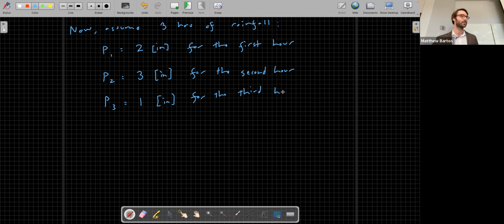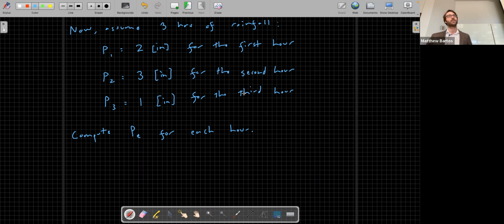So note, this indicates the total depth of rainfall that fell within that hour. Okay, so what I want you to do is compute the excess precipitation for each hour. Okay, so what is the excess precipitation that occurred within each hour?